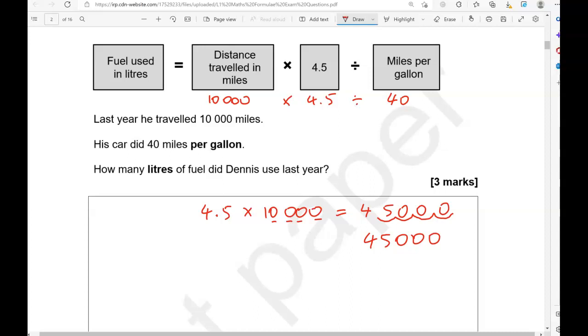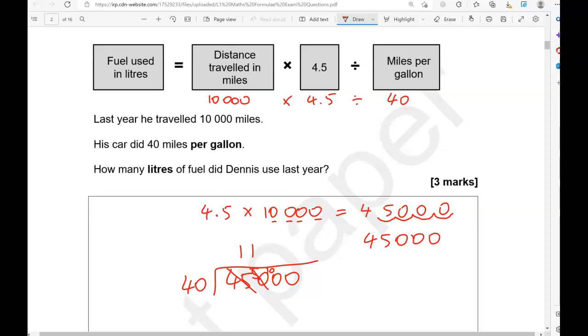Now we need to divide by 40. So 45,000 divided by 40. How many 40s fit into 45? That's 1, and we have 5 remaining. How many 40s into 50? That's 1, and we have 10 remaining.